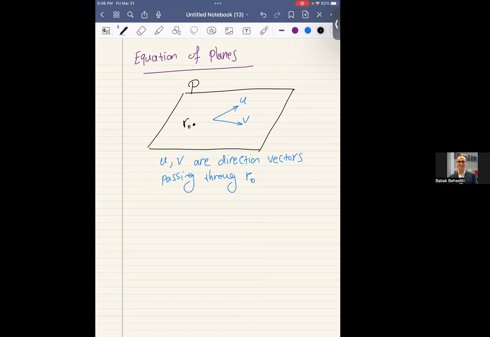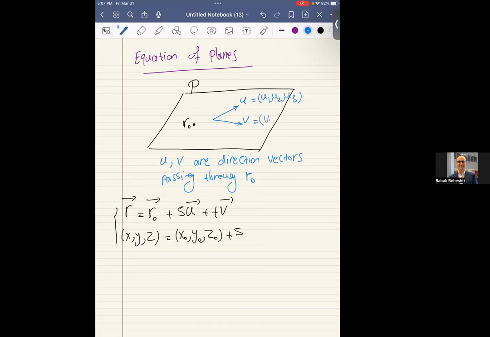The vector equation of such a plane is given by R equal to R0 plus S times U plus T times V. In other words, (x, y, z) is equal to (x0, y0, z0) plus S times (u1, u2, u3) plus T times (v1, v2, v3), where U is (u1, u2, u3) and V is (v1, v2, v3). So this is the vector equation.